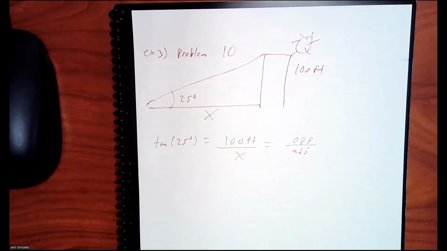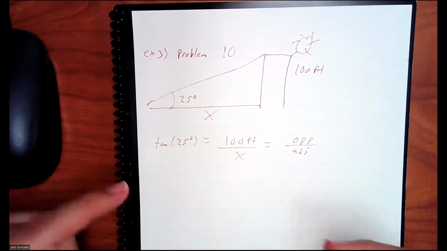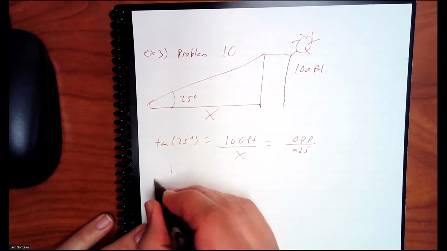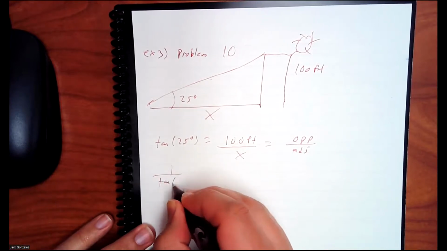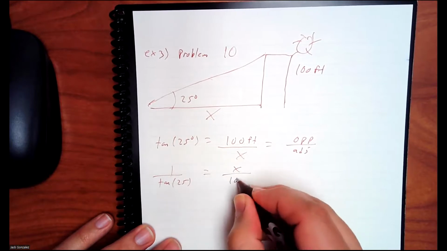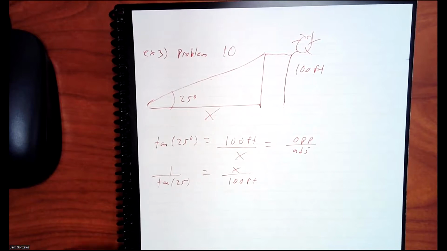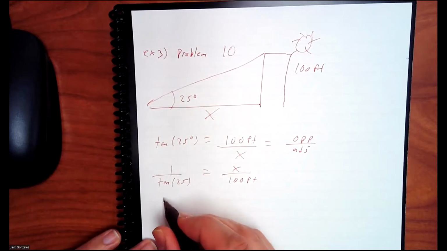That's where we're using it to solve for X. You flip both sides over just because I'm lazy. Multiply both sides by 100. We should be done.